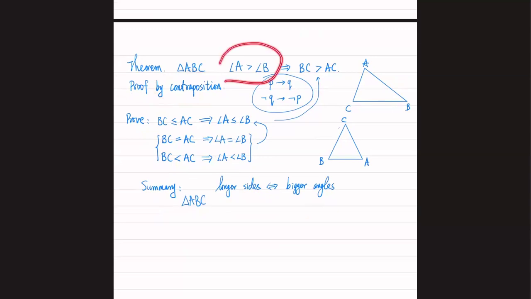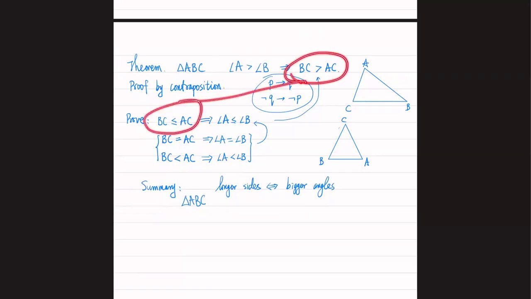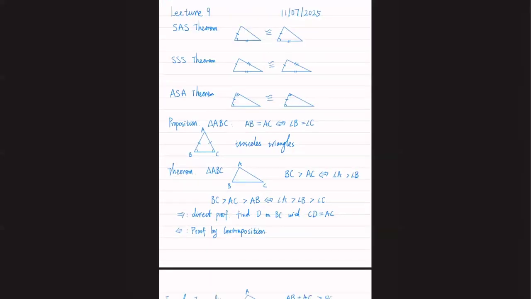We want to prove that bigger angles, longer side. So we show that the negation of this implies the negation of the condition. Okay, so that's the last theorem we had last time. So we can go back to give our application.